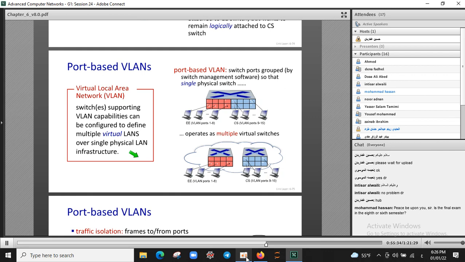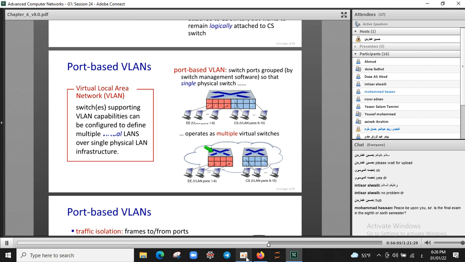So when we are talking about a logical device, how does it work? To create a virtual LAN or VLAN, firstly, the switch inside the network must support VLAN. Why?